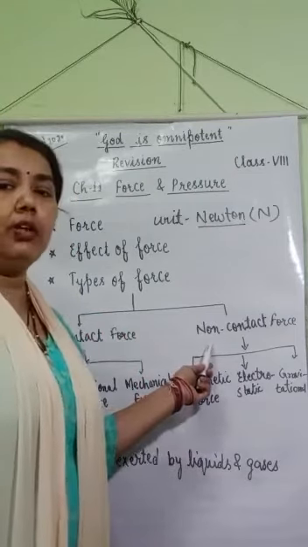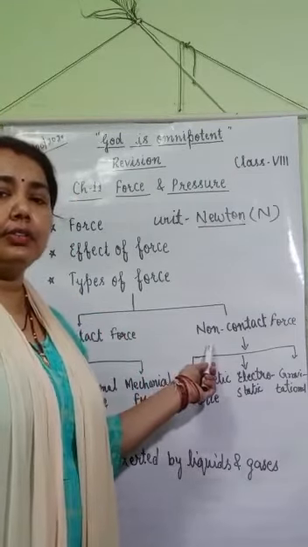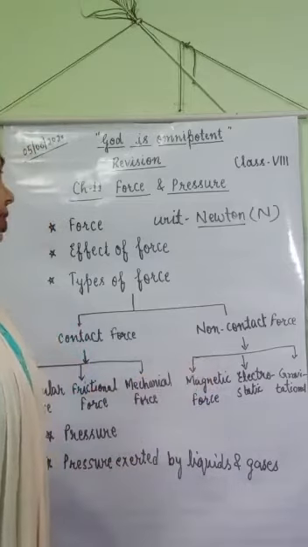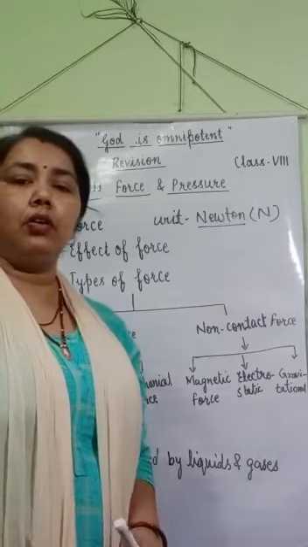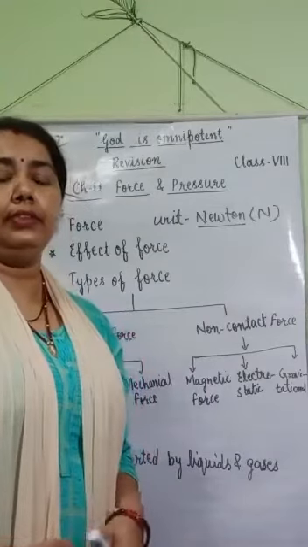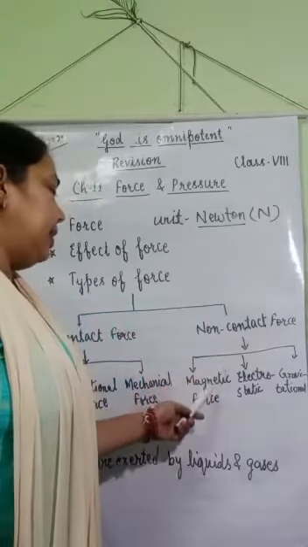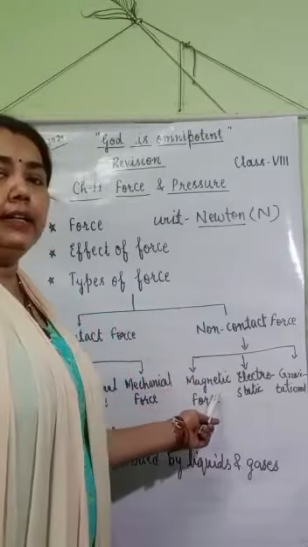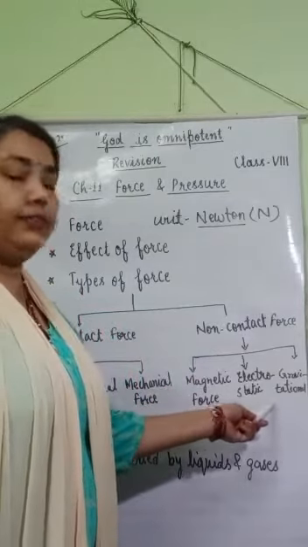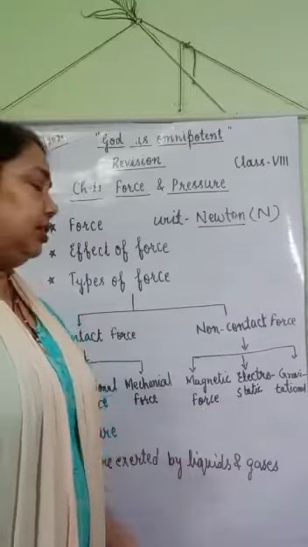Next is non-contact force, the force which acts when two objects are not physically in contact with each other. Further, it is divided into three categories: magnetic force, electrostatic force, and gravitational force.